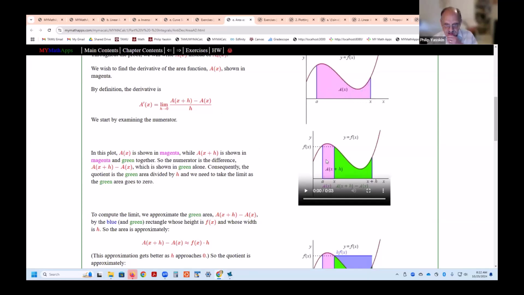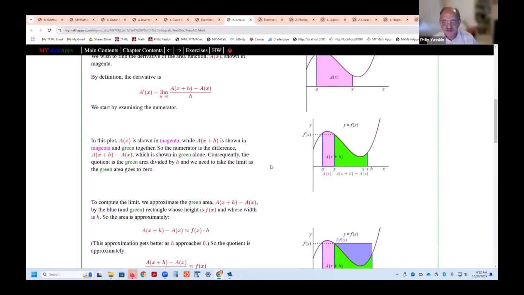It is the area A of x plus h, which is in purple and green. A of x is just the purple part. So A of x plus h minus A of x is the green part. And as h goes to 0, that area gets smaller. And if we divide it by h, we get the derivative.